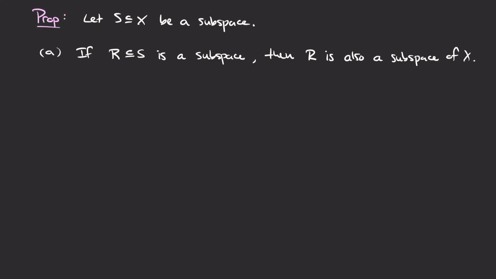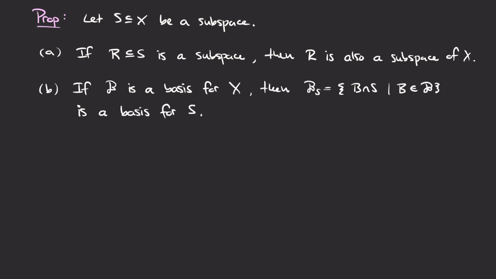If we have a subset R of S, then we can either consider R as a subspace of S, or we could think of R as being a subspace of X. And part A says that if R is considered as a subspace of S, then this is the same as considering R as a subspace of X. So for these types of nested subsets, it doesn't matter whether you think of the subset as being a subspace of an intermediate set or of the larger set.